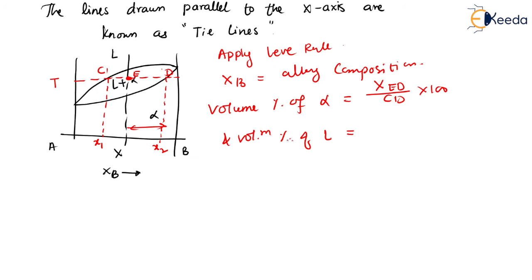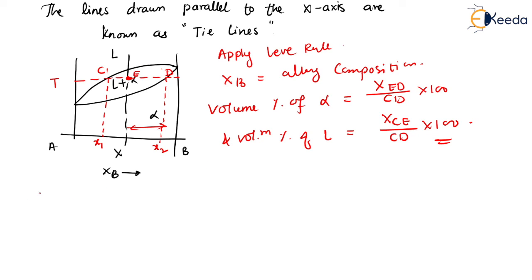And if I want the volume of liquid, the liquid is in this region, so definitely the opposite arm is CE divided by the total arm length CD into 100. Like that we are able to find out the phase fraction of alpha and liquid.